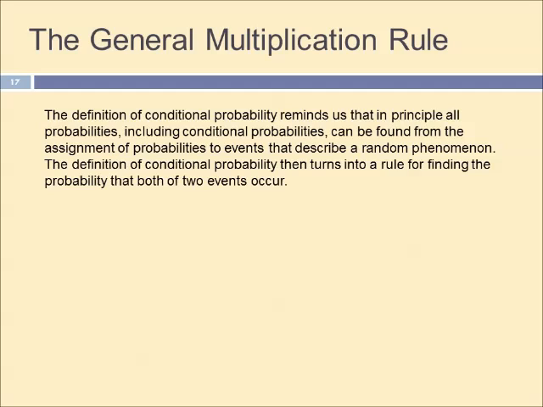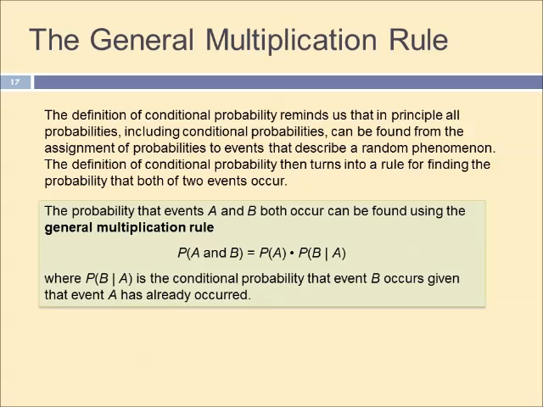So the definition of conditional probability reminds us that in principle all probabilities, including conditional probabilities, can be found from the assignment of probabilities to events that describe a random phenomenon. The definition of conditional probability then turns into a rule for finding the probability that both of the two events occur.